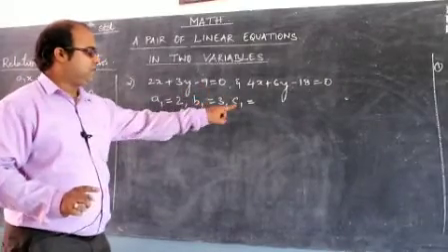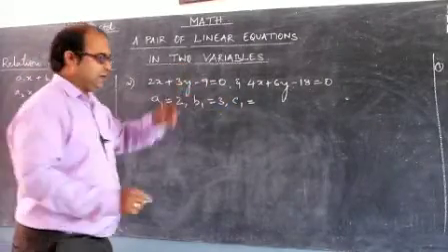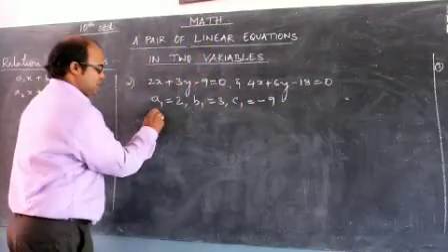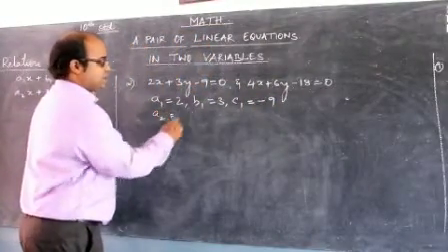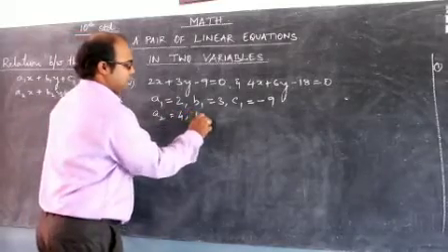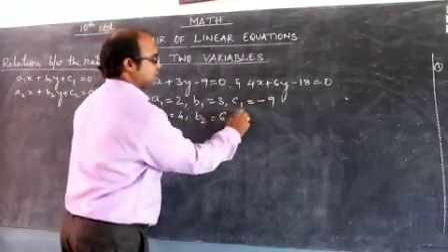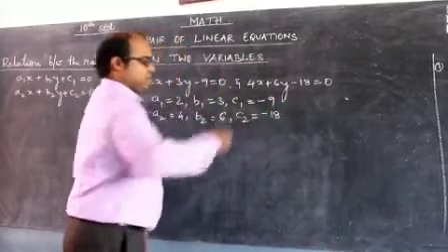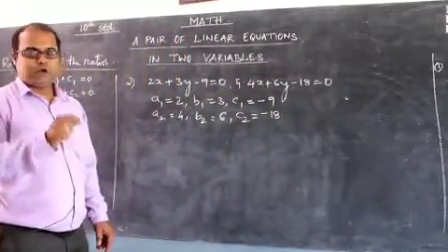Now coming to the second equation, A2 value is 4, B2 value is 6, C2 value is minus 18. First step is over.